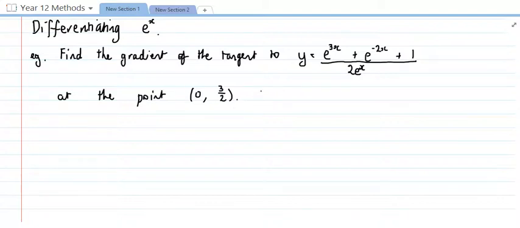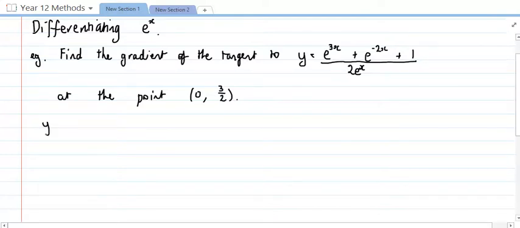Well, much like we did with the negative powers, I believe it was, we can actually divide each term of this by the denominator. So first thing I'm going to do is write y equals e to the 3x divided by 2e to the x.